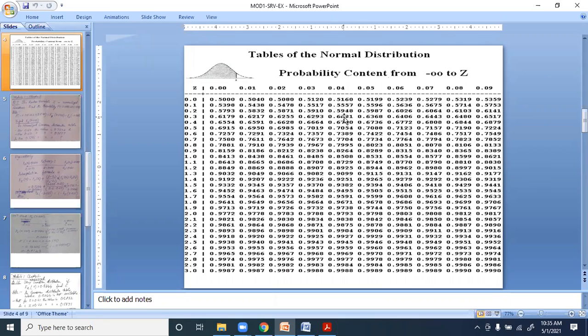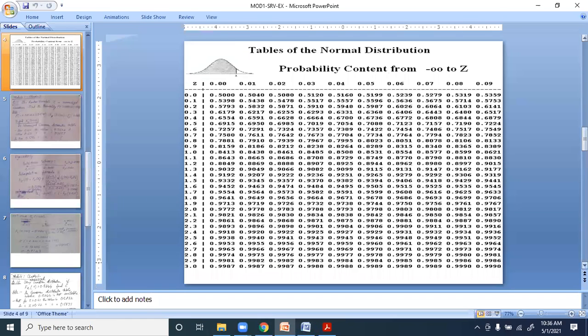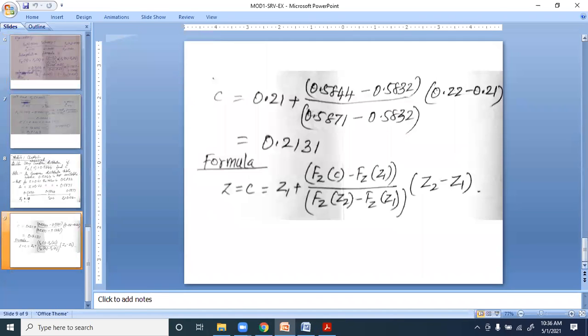And what is this value about? 0.34. This is 0.35. So it should be somewhere between 0.34 and 0.35. And how much is the exact value? We can find out by the same formula again. The formula is already written there, right?